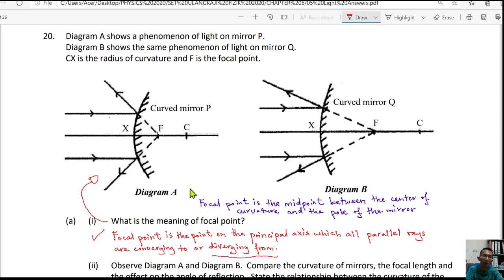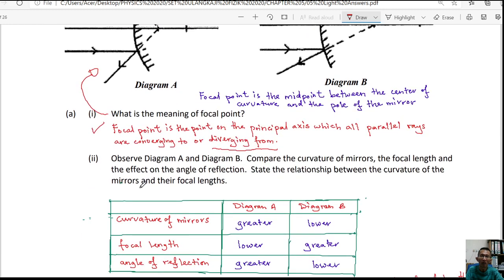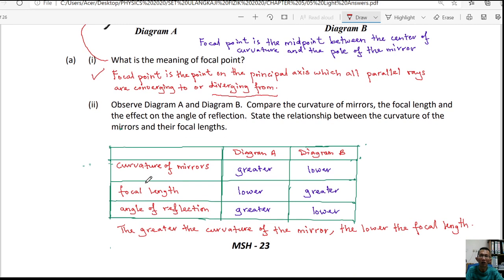Okay, now we move on to the next one. Observe diagram A and diagram B. Compare the curvature of the mirrors, the focal length, and the effect on the angle of reflection. And then state the relationship between the curvature of the mirror and their focal length. So in this one here, I'm using a table to answer.